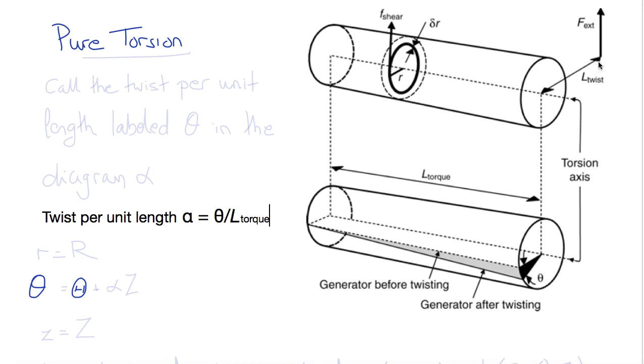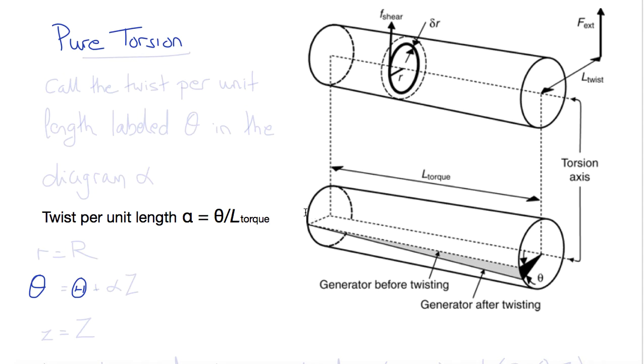Subject some torque or twisting moment to it with a moment arm of L twist and a force F external. And the result is that holding this end fixed, this end would twist or rotate through theta degrees.